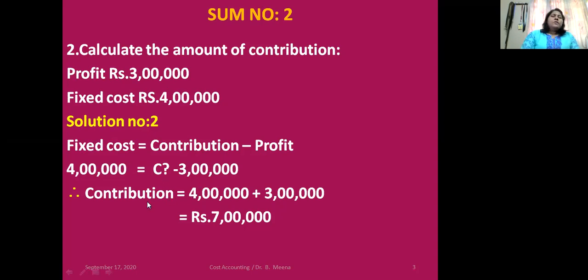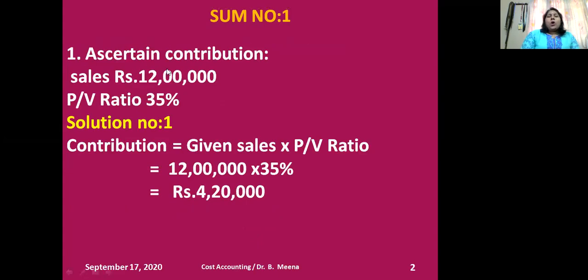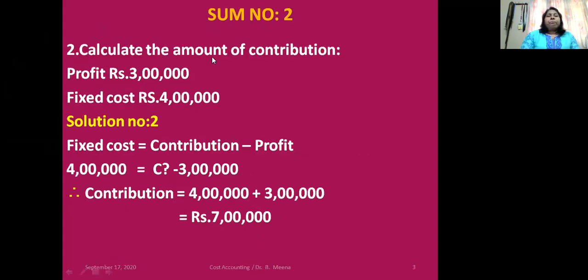So contribution is equal to 4 lakhs plus 3 lakhs. What is my contribution? 7 lakhs. So we have two different sets of information, but the question is the same: contribution.